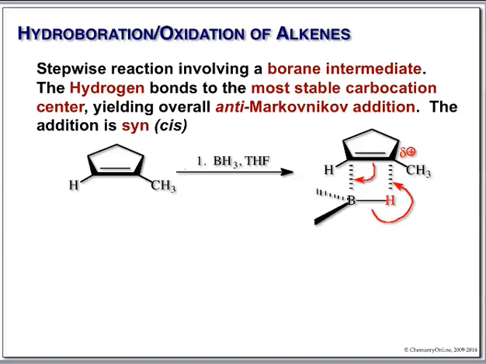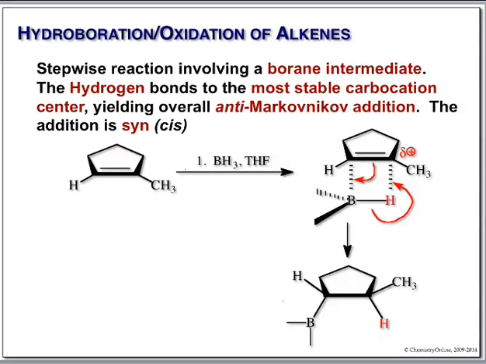Electrons from the pi system will go down, and we make our boron intermediate. Call it borate intermediate, not boring. This reaction is concerted, this bond breaks, this one makes at the same time.